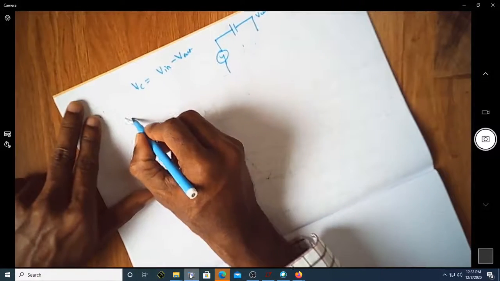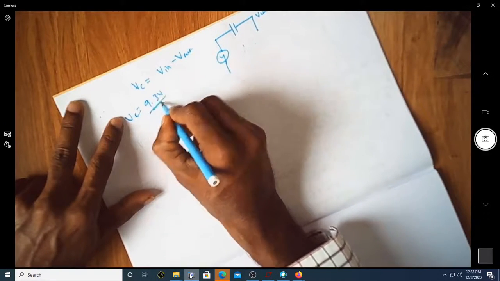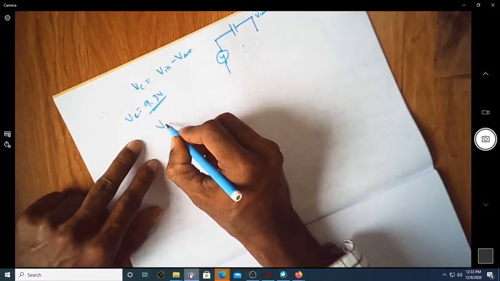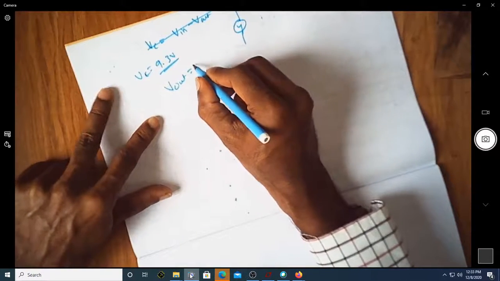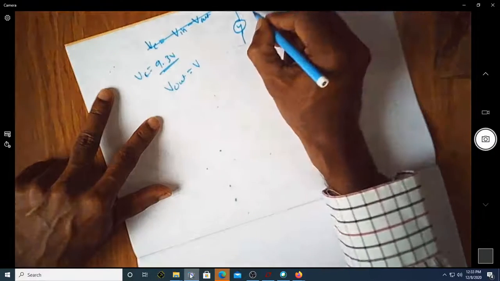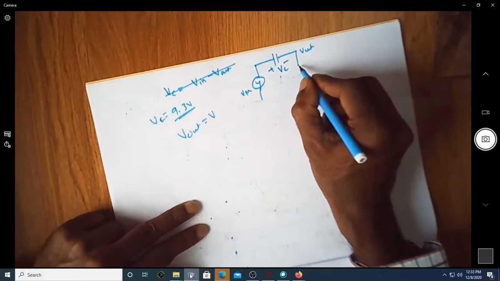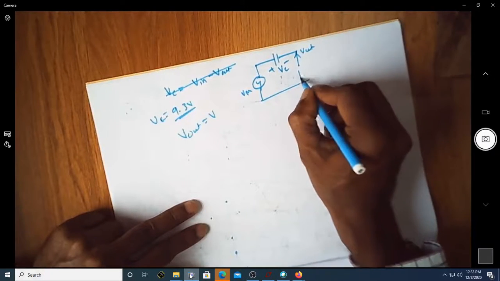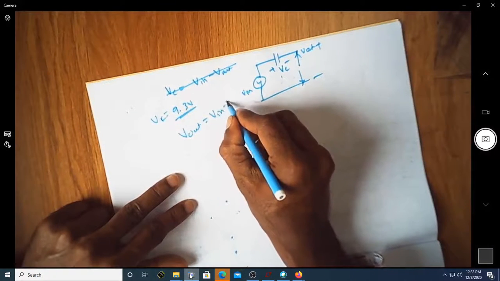So Vc is always charged to 9.3 volt. If you want to find what V out is equal to, V out is plus minus Vc, this is V in, and this is my V naught. V out is V in minus Vc.